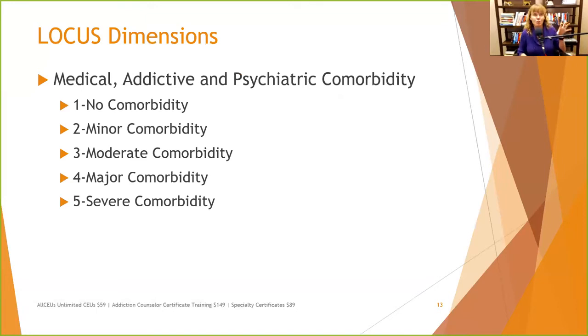Or they have major depressive disorder and some substance misuse, but probably not rising to the level of substance use disorder. So that would be minor comorbidity. Looking at moderate comorbidity, the second and or additional problems are becoming more severe. For major comorbidity, you've got 2 almost equally problematic issues, and severe comorbidity, you're usually looking at multiple presenting comorbid problems.